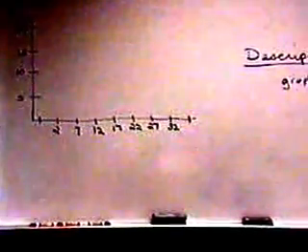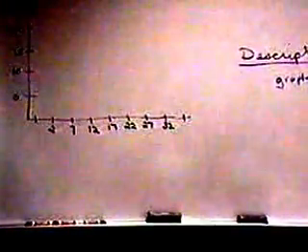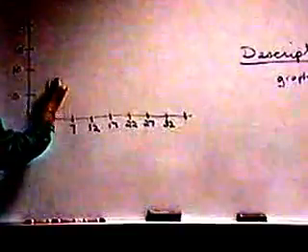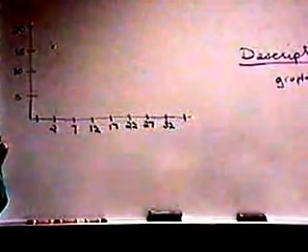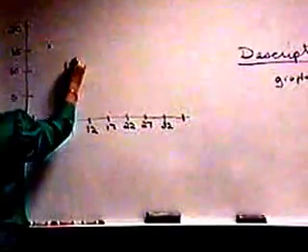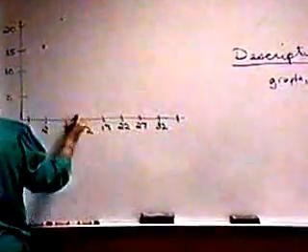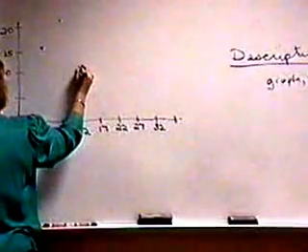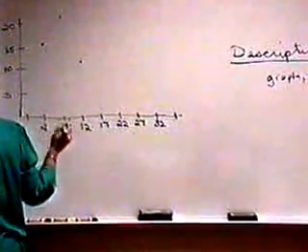The midpoint of 2, their frequency is 16. 2 had a frequency of 16. 2, we go up here to 16, make the mark. 7 had a frequency of 21. 12, frequency of 12. 17, 11.